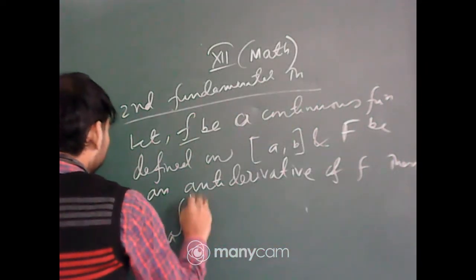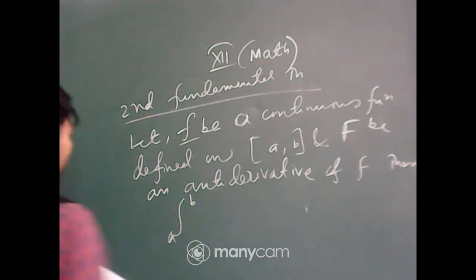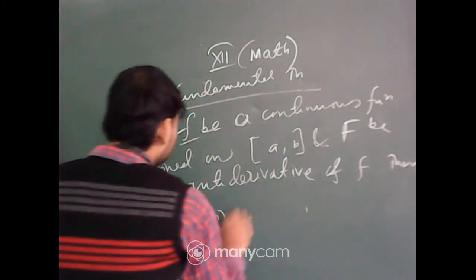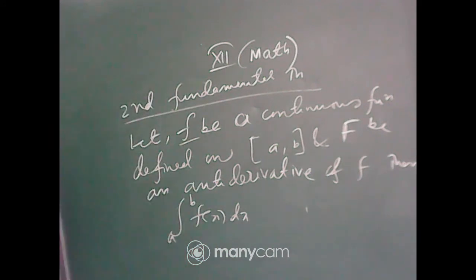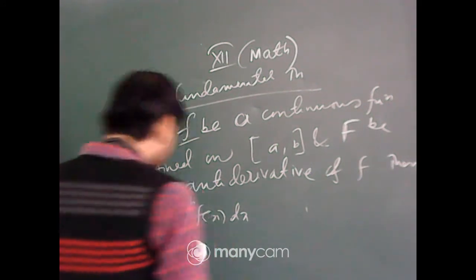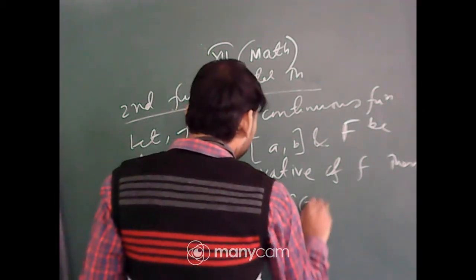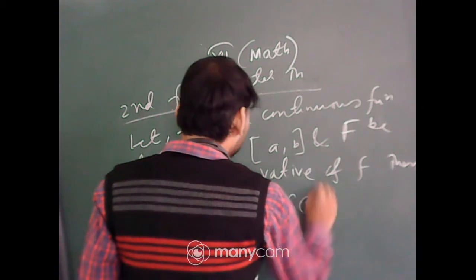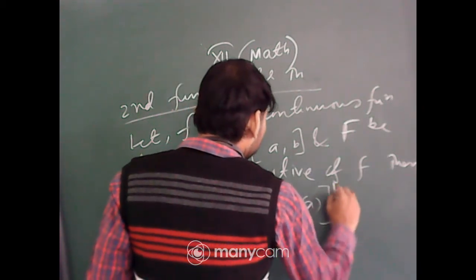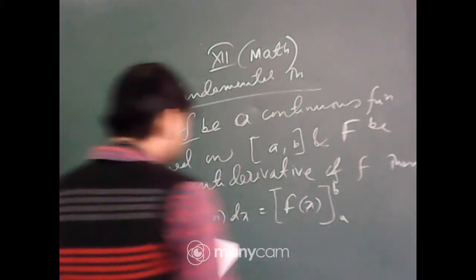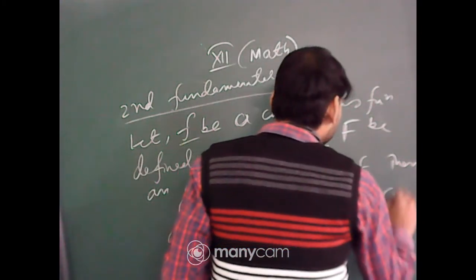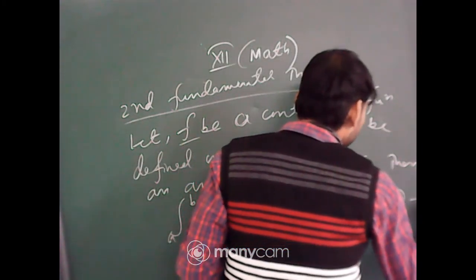a to b small f(x) dx. Here a is the lower limit and b is the upper limit of this integral, equals capital F of x within the third bracket, right, the limits, then it will be F(b) minus F(a).